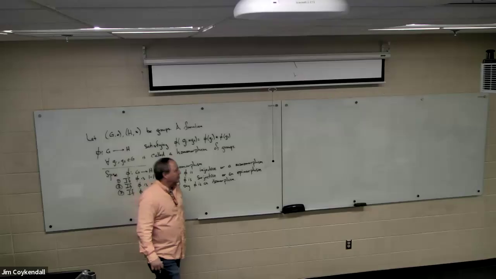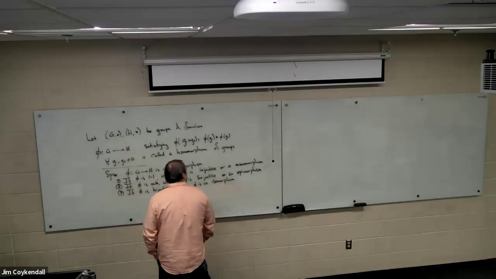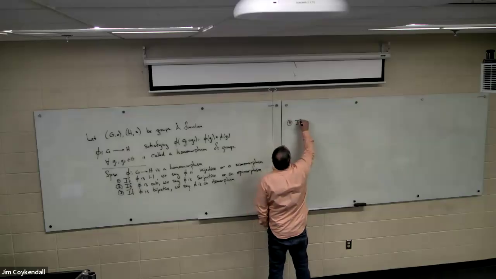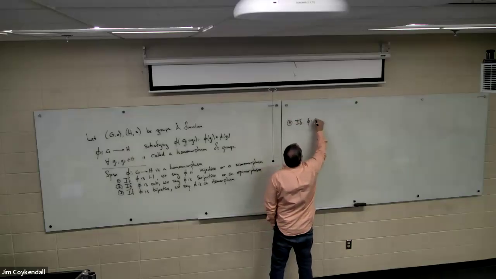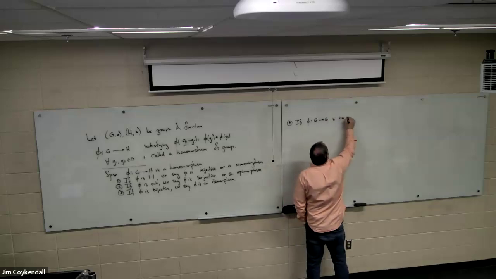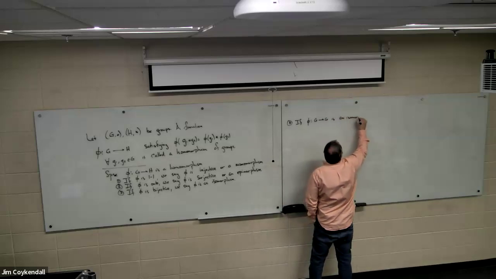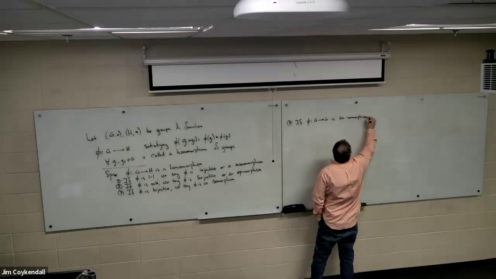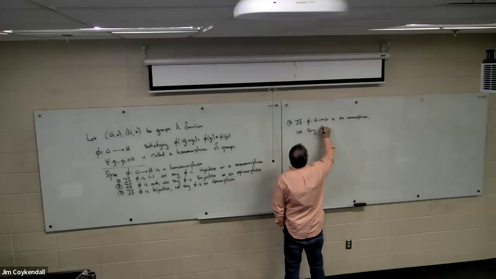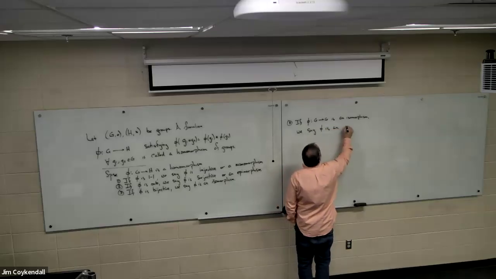And here's another buzzword for you. If phi from G to G is an isomorphism, we say phi is an automorphism.